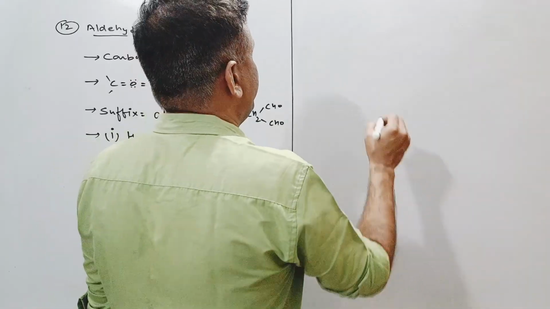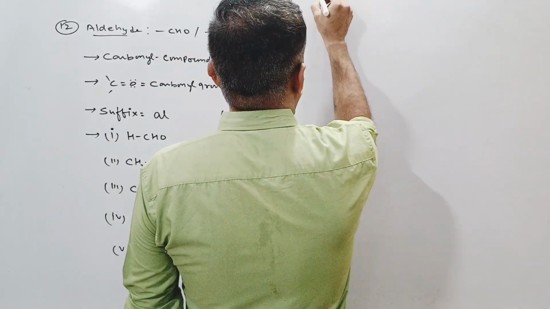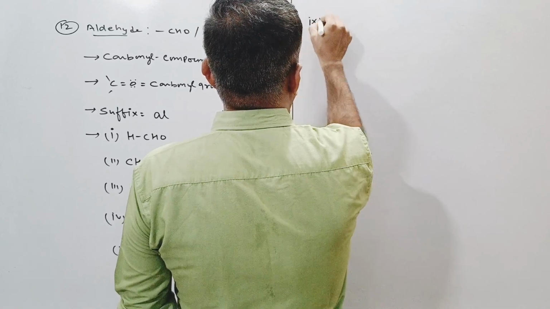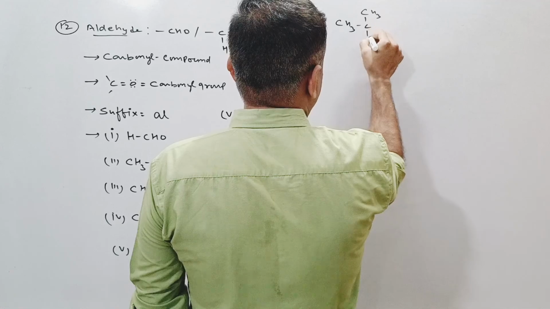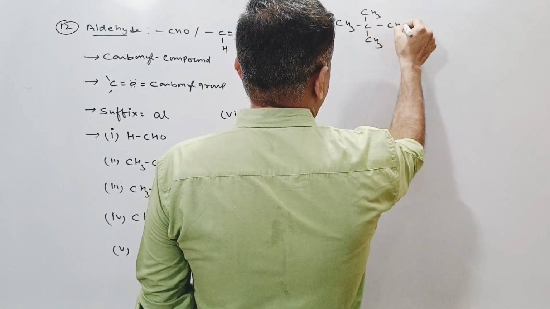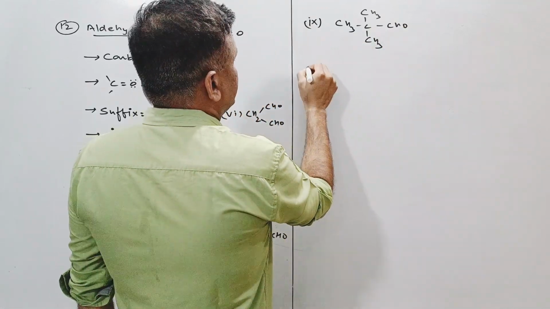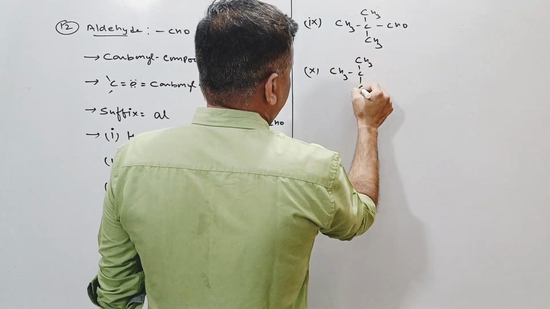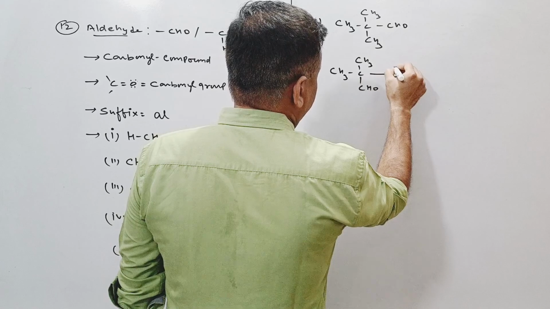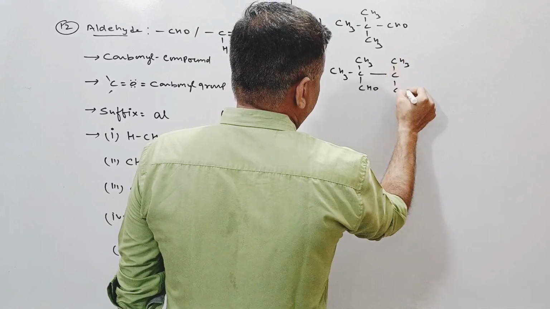This is your ninth compound, with a complex chain having one functional group. This is with more than one substituent and more than one functional group like this, CH3 and CHO.